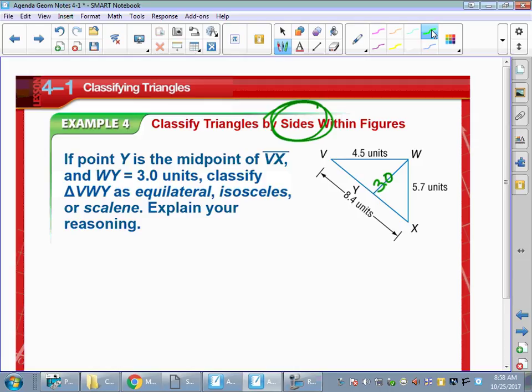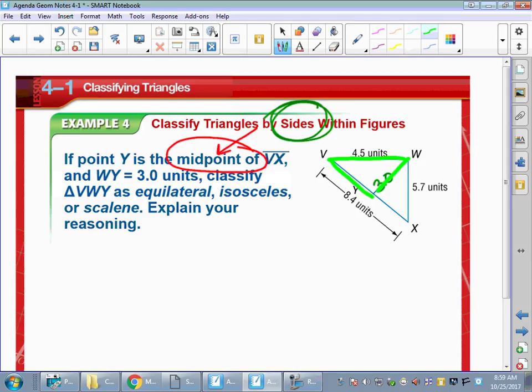So this triangle right here as equilateral, isosceles, or scalene. Explain your reasoning. Well, we know that side WY is 3.0 units because we drew it on there. We know that VW is 4.5 units. In order to compare sides, we need to know VY. Do you know the length of side VY? Here's your key word. Remember, I like to throw those things in there.